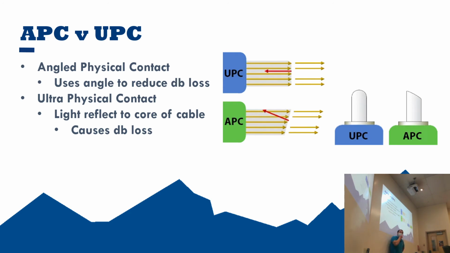So in general, it all depends on what you need. If you need something to be very durable and support lots of connections or matings, then ultraphysical contact is probably going to be better. If you're just concerned about speed, reducing the dB loss, then angled physical contact is probably going to be superior for that. So is that clear to everyone?